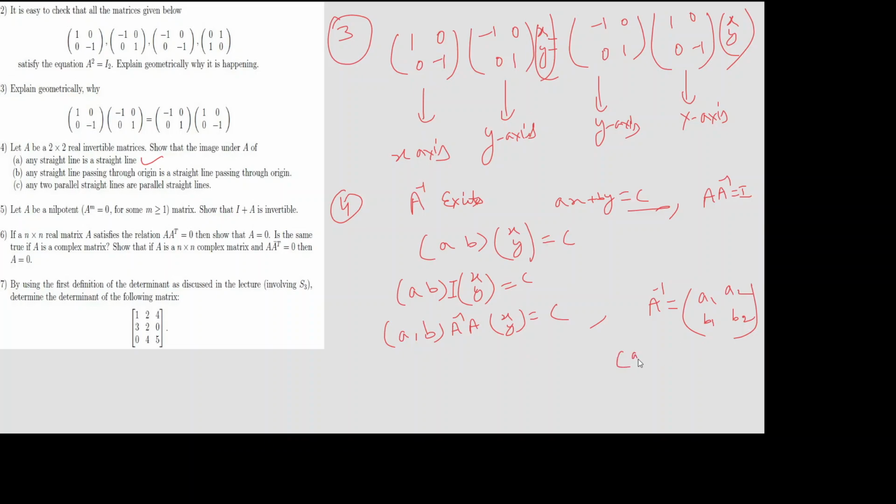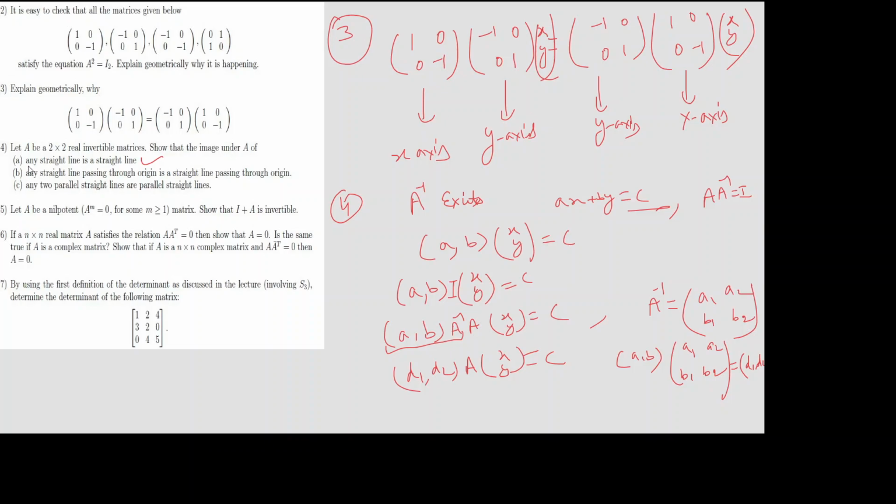Now the matrix A inverse will have some A1, A2, B1, B2, which is nothing but some D1, D2. So you can have D1, D2 and then the matrix xy, which is also a straight line.